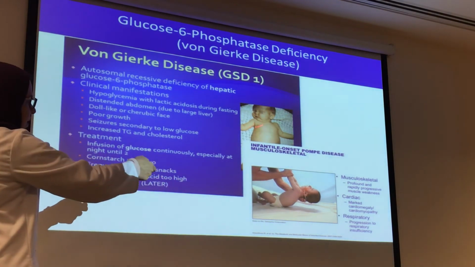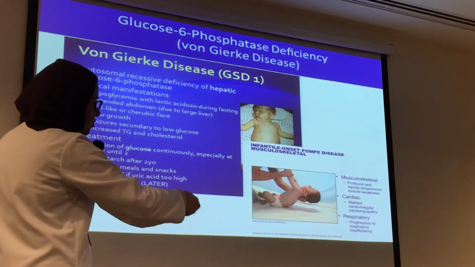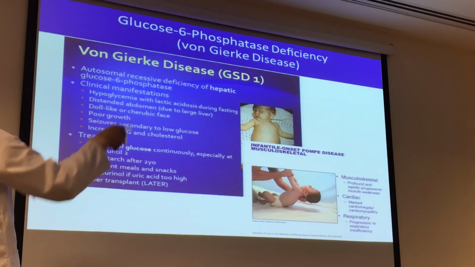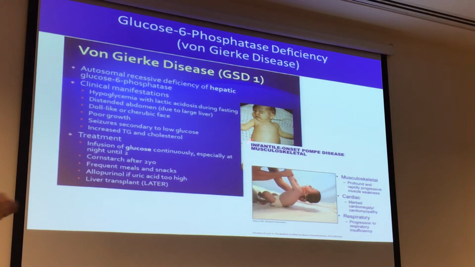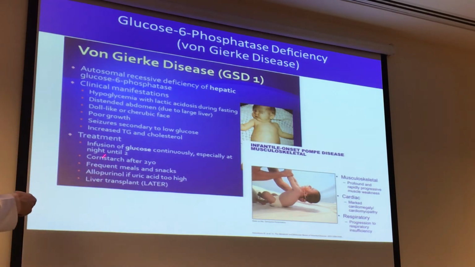Okay, so this picture is for von Gierke, and this picture is for Pompe disease. Don't confuse them. So that's why I want to alter the PowerPoint. So this picture is for the von Gierke. So they have a deficiency in glucose 6-phosphatase, and this is the manifestation, and they die if they are not given glucose.